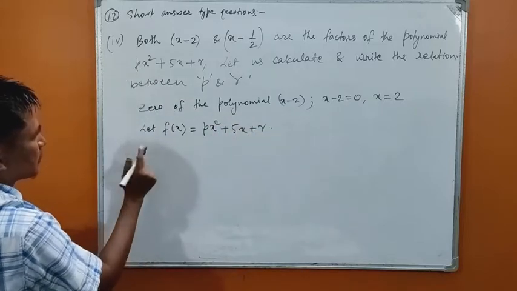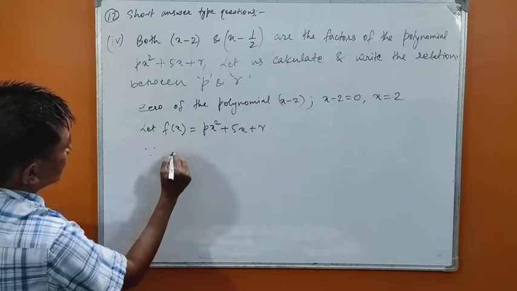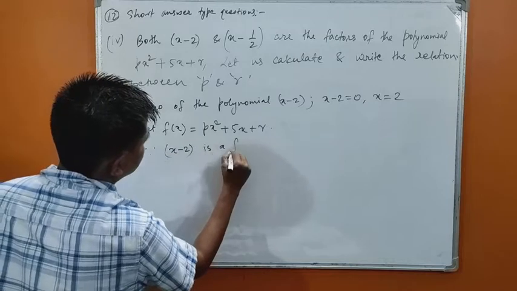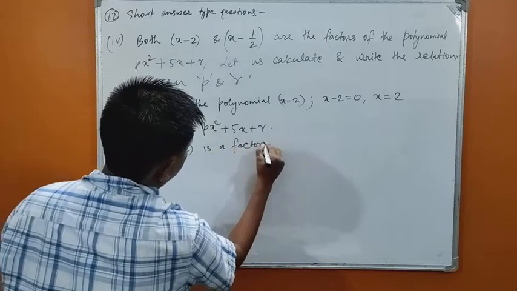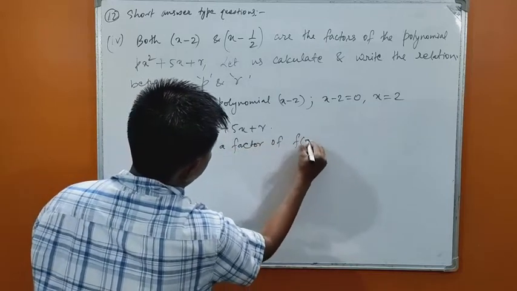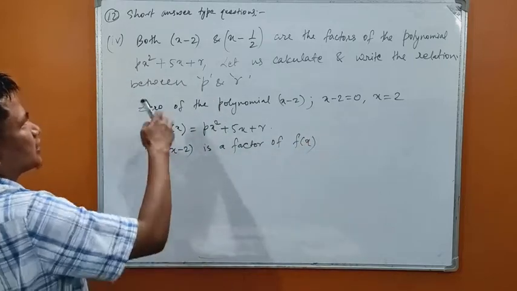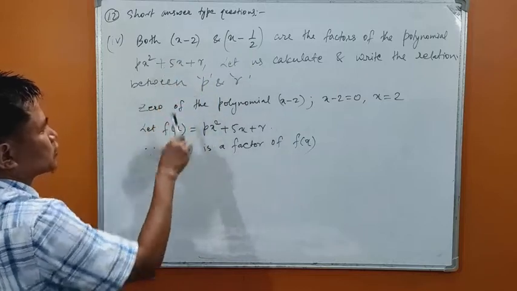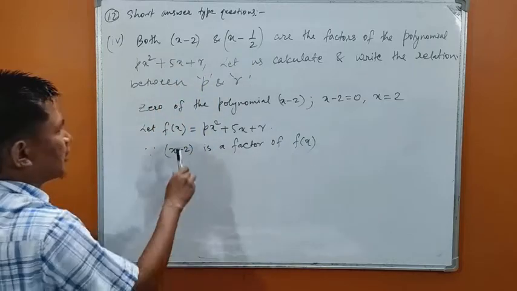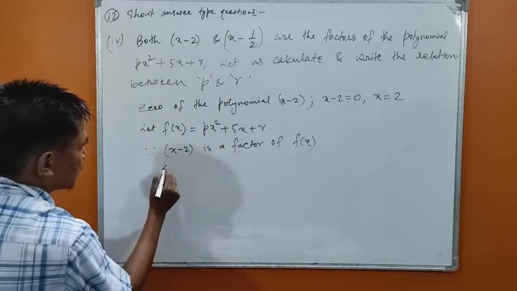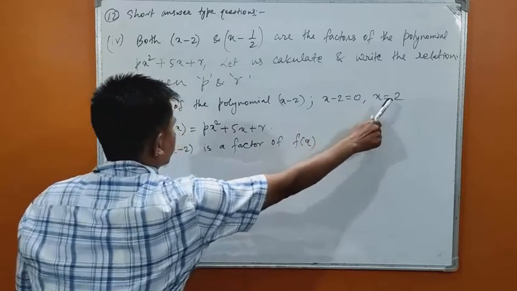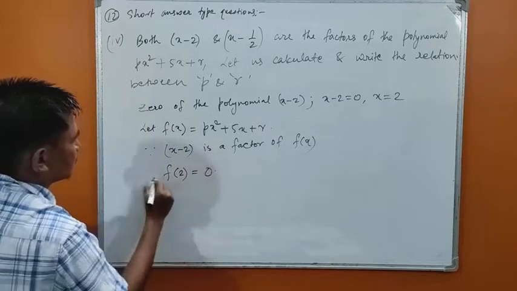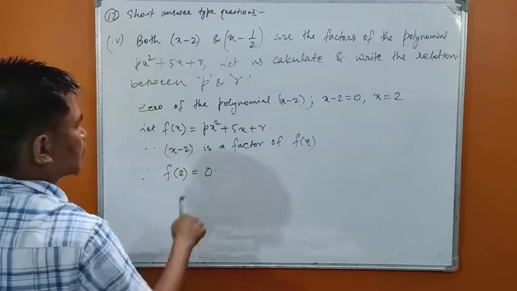Since x minus 2 is a factor of f(x), isn't it? The condition given to us is that x minus 2 and this, both of them are factors of this. So x minus 2 is a factor of f(x), which means the remainder f(2) will be equal to 0.